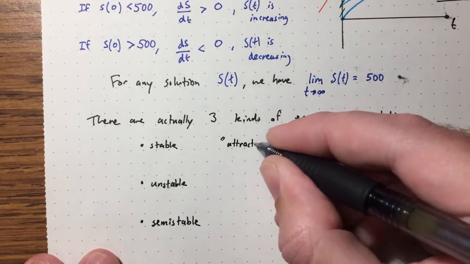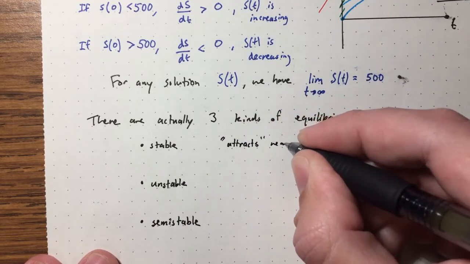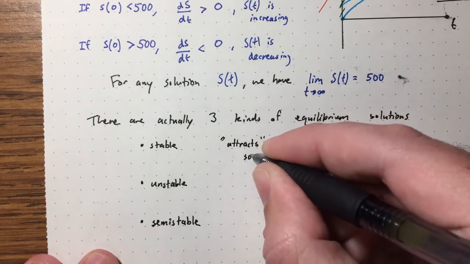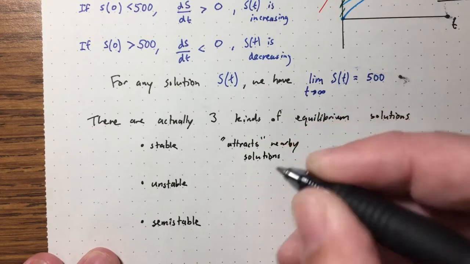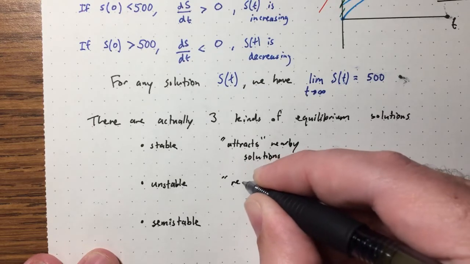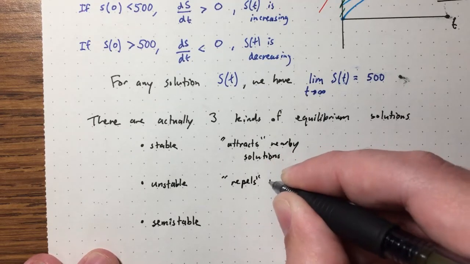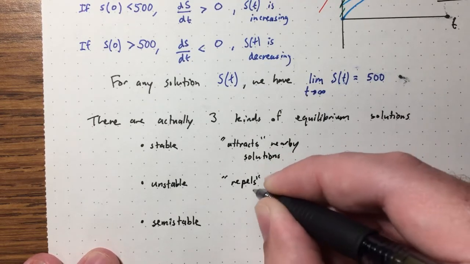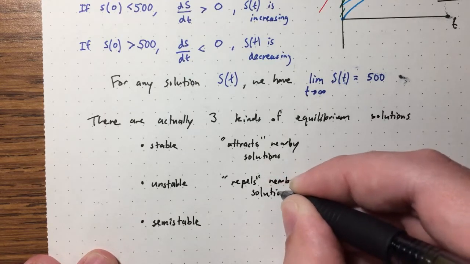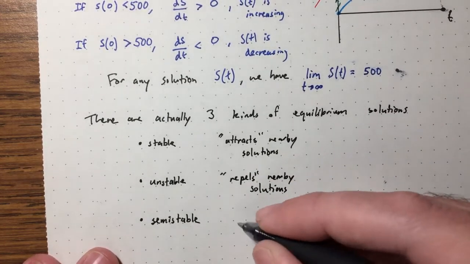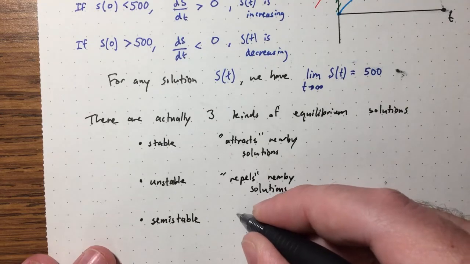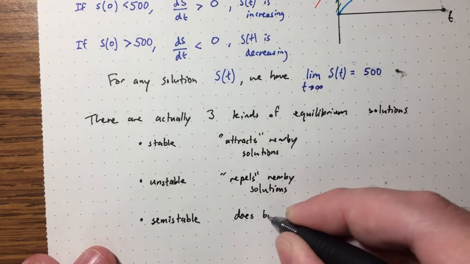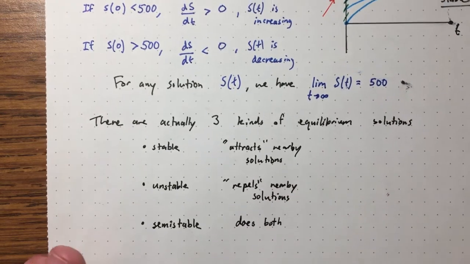So a stable equilibrium solution attracts nearby solutions. And an unstable equilibrium repels nearby solutions. And a semi-stable actually it does both, let's say. So what do I mean does both? How can I do both?